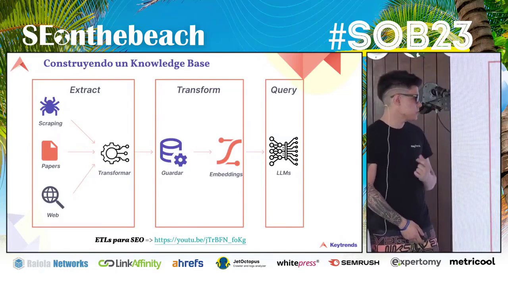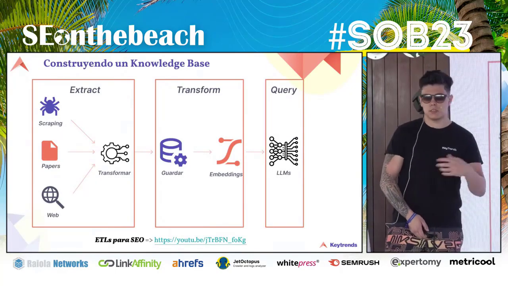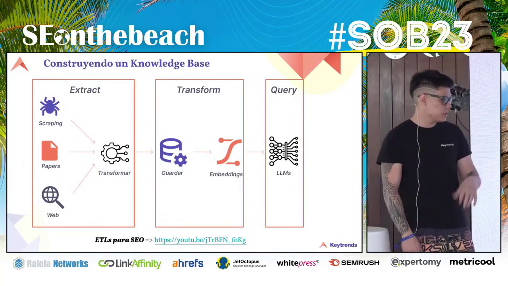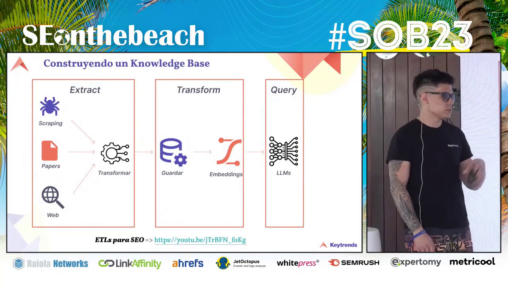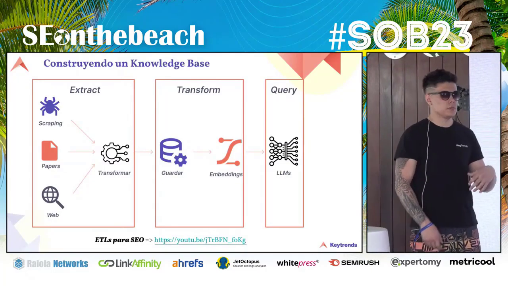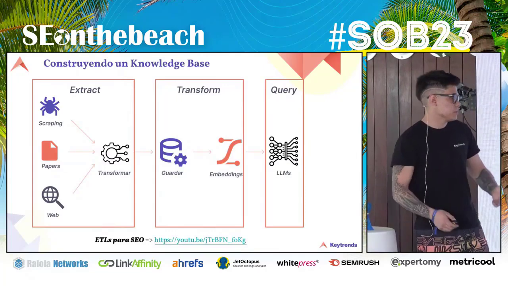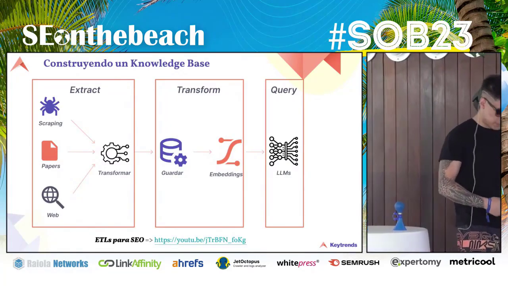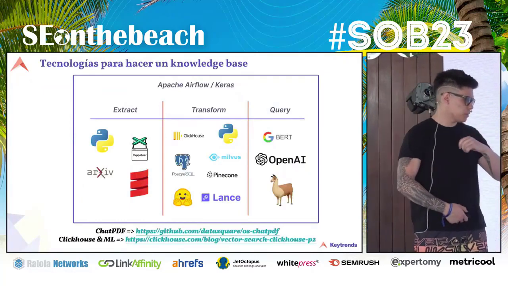We can do the first extraction phase with scraping, paper scraping of the competition or whatever you like. Then you can transform it, put it in a database, extract embeddings, and then feed it to LLMs. We just wanted to change the name, and that's why we're calling it extract and transform.